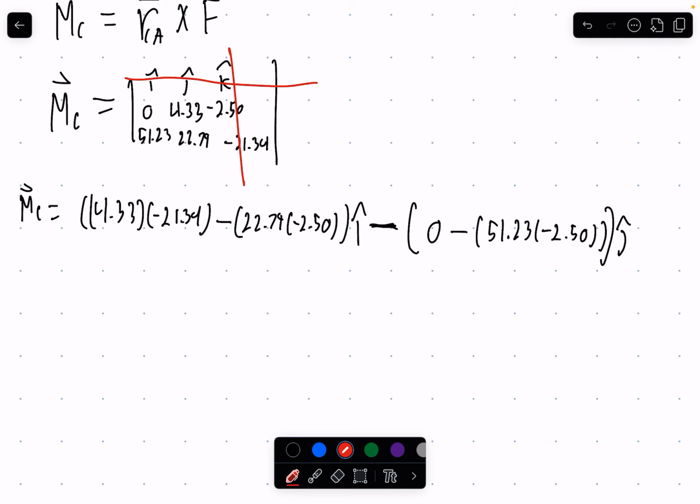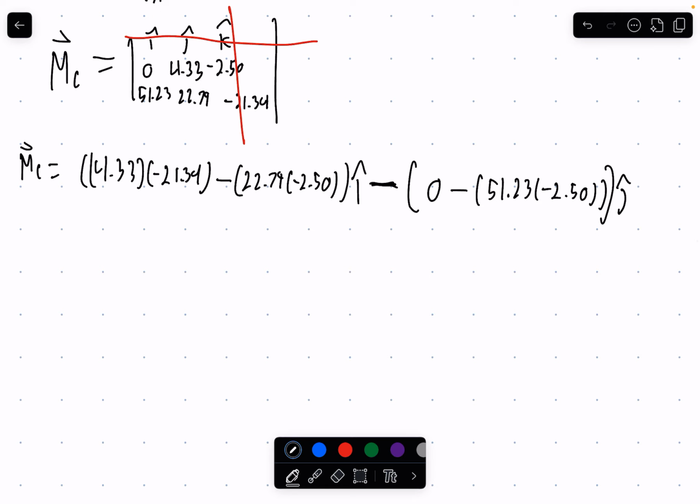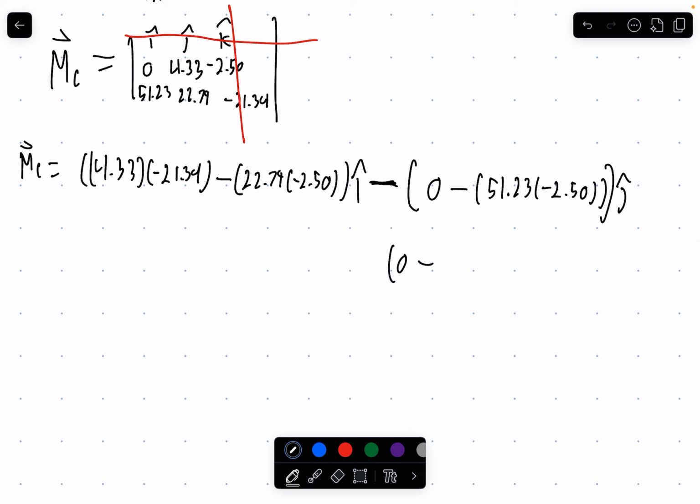And then our last k component. Again, 0 multiplied by anything is going to be 0. So it's going to be 0 minus 51.23 multiplied by 4.33. And that's all going to be in the k hat direction right there.